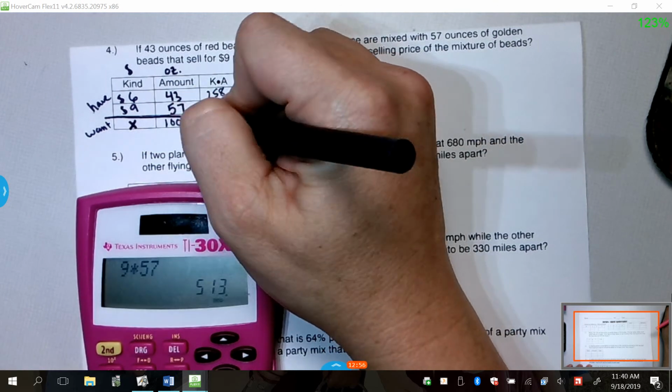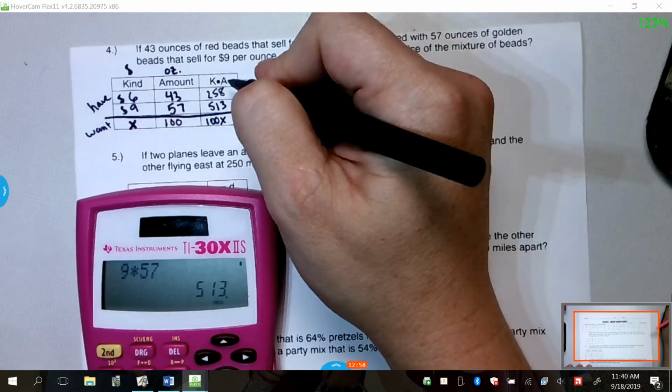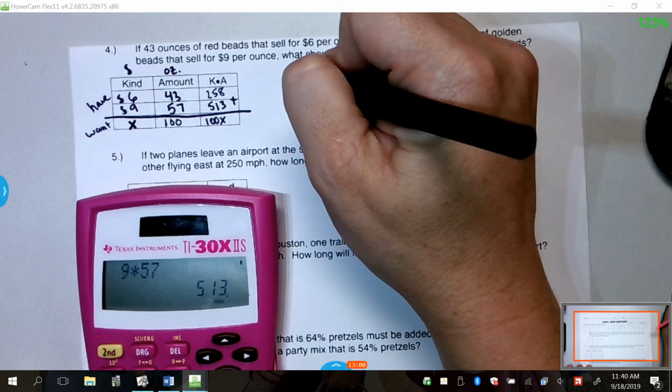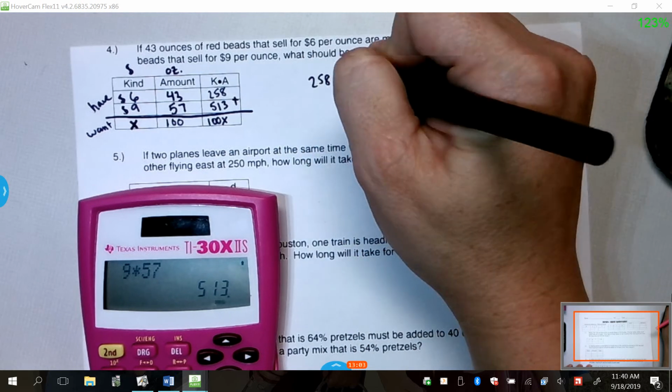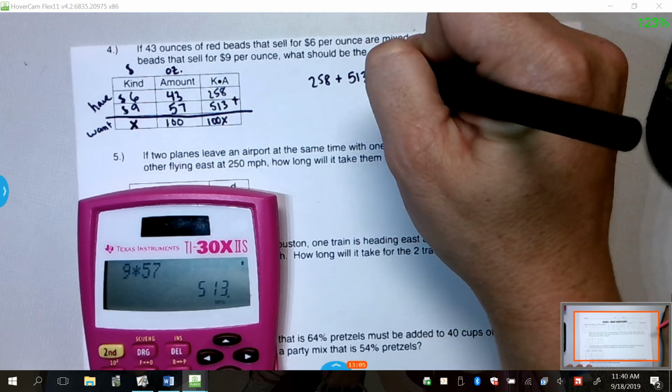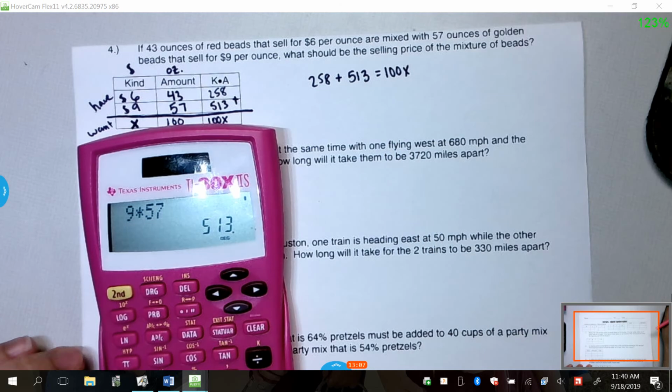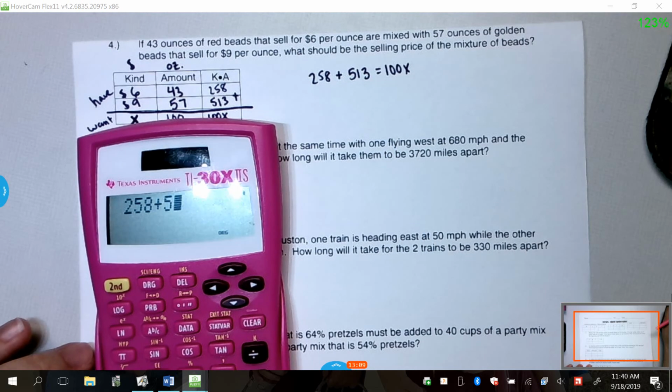And 100 times x is 100x. Remember, mixtures are combining, so we're adding. So 258 plus 513 equals 100x.